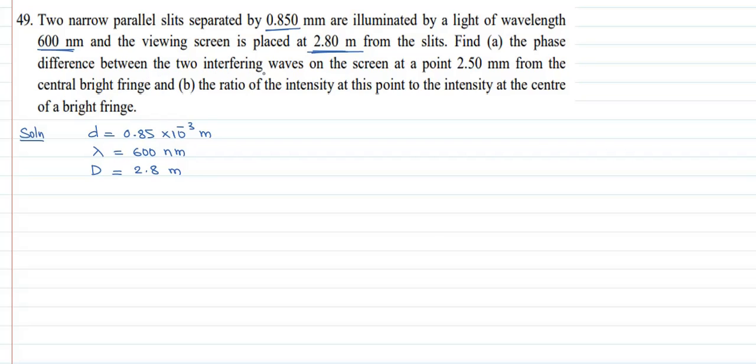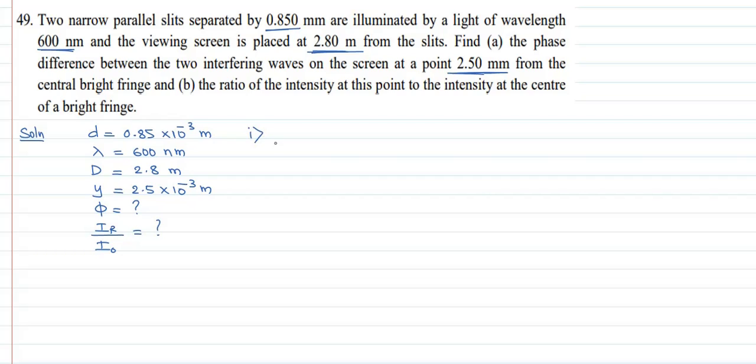Find the phase difference between two interfering waves on the screen at a point 2.5 mm from the central bright. The distance of the fringe I will denote as y, which is 2.5 into 10 raised to minus 3 meters. We are required to find the phase difference first, and second, the ratio of resultant intensity by maximum intensity at this point.